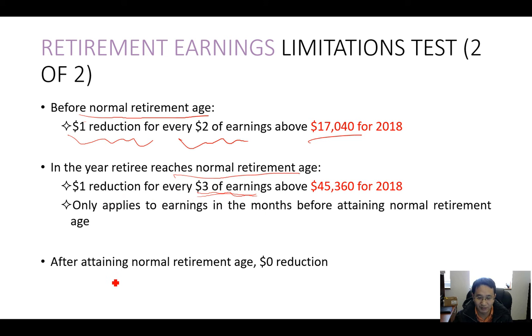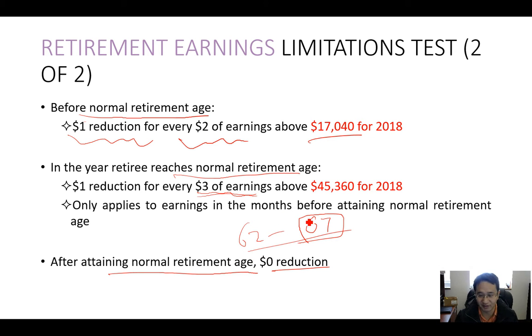However, if you attain normal retirement age, there is no penalty. So that's why some people, I think the retirement age is 67, right? Some people will choose to not work between 62 and 67 because it will hurt their Social Security benefit, and they did the math. They are better off just not doing any part-time job or not getting paid for it.